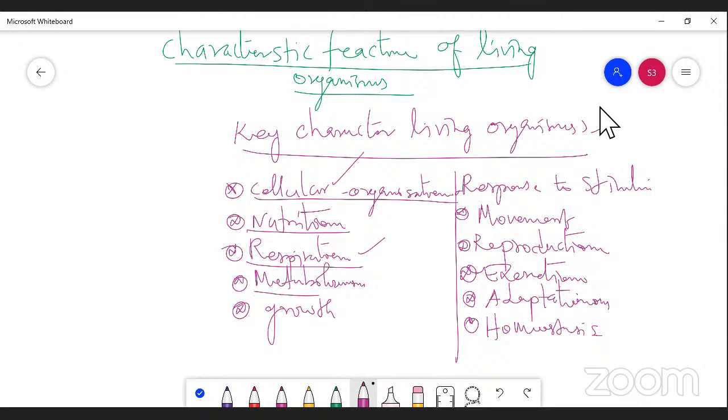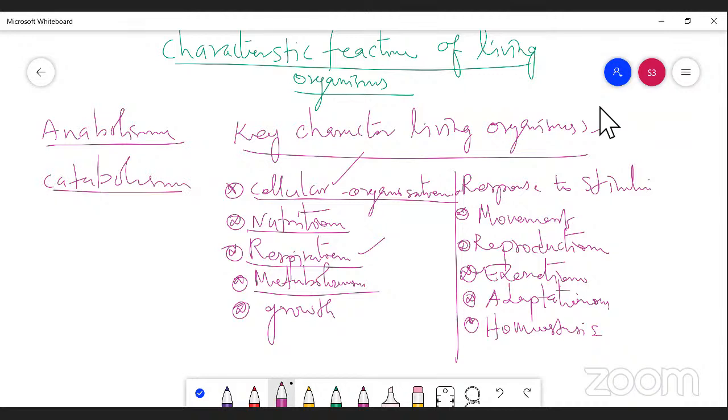Next one is metabolism. What is the meaning of metabolism? Metabolism includes two concepts: anabolism and catabolism. What is anabolism?